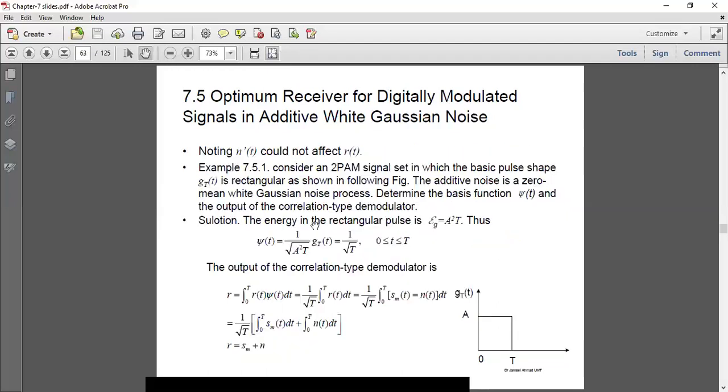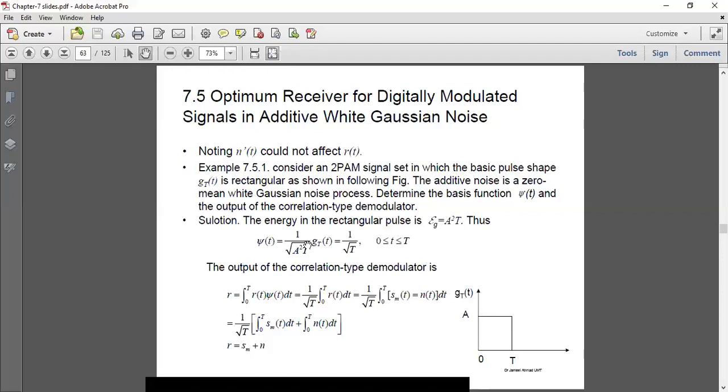From our knowledge of finding a basis function, we have this expression from Gram-Schmidt orthogonalization. So this is the basis function, psi(t), and this is the energy. Energy is A squared times T. We should be able to find this energy and the basis function.